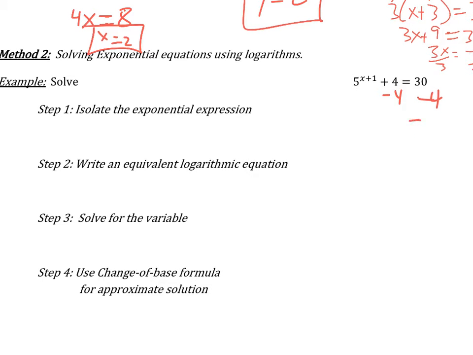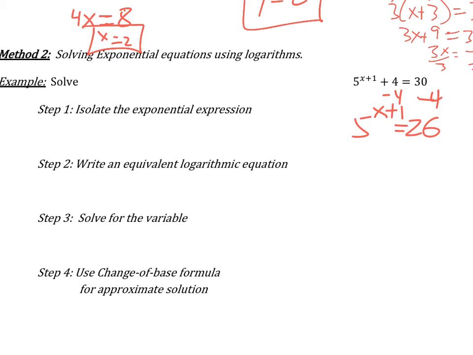And we've got 26 on the right and 5 to the x plus 1. There are lots of ways to think about this, but we're going to try to avoid properties. If you look online, you'll find a bunch of videos with different properties, but this is the simplest way to go for now.